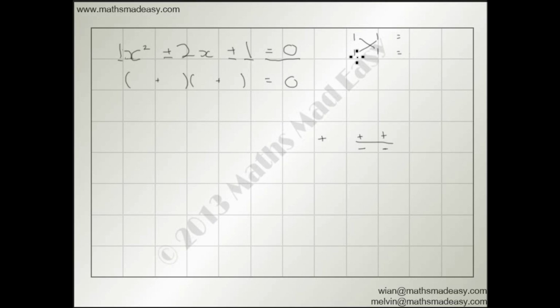So we've got 1 times 1, it will give us a 1, and over here the same, 1 times 1 is 1. Since we're using positive, we just rewrite in our positive signs over there. Then you take the sum of these two, which will be positive 2. If this answer is the same as your integer in this term, then we know that we can use this format as our answer.